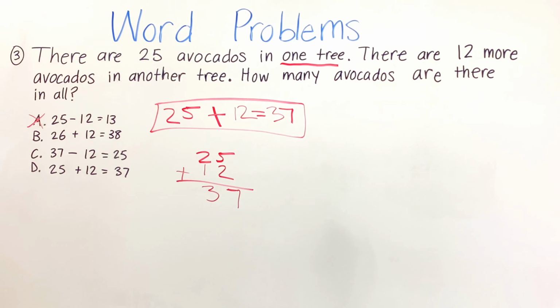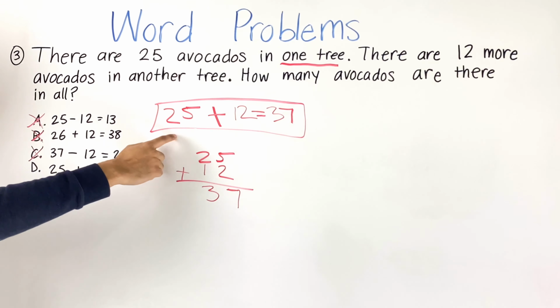If that does not look like that, which it doesn't in this case, we're going to cross out C. So now the only letter left is D, which is 25 plus 12 equals 37. And then we go to the right-hand side and see if that's the same. 25 plus 12 equals 37. And it is, so we're going to circle that. And that's the answer for number 3.